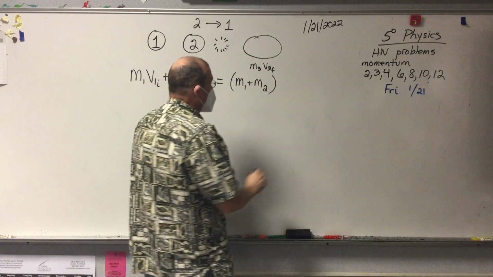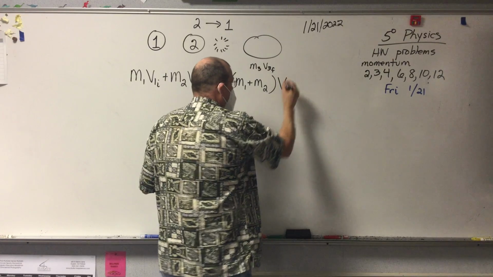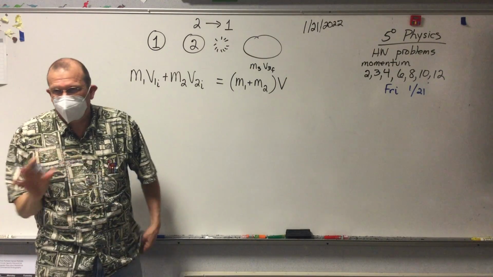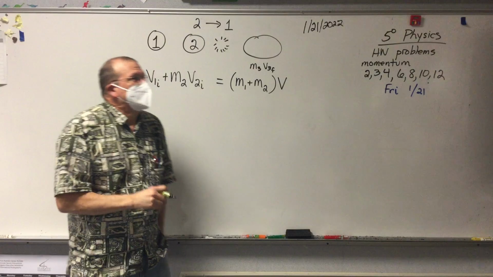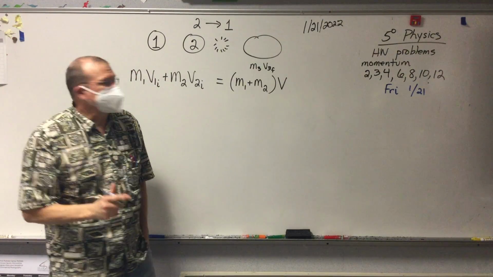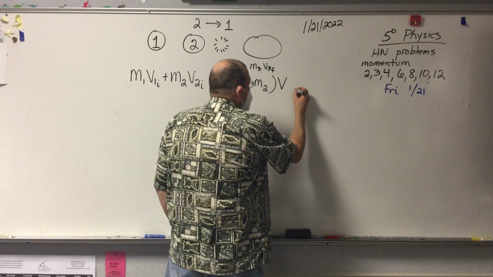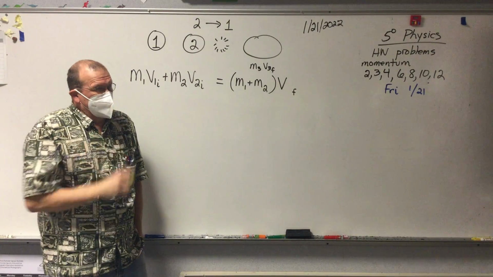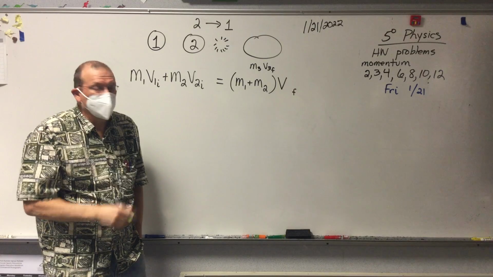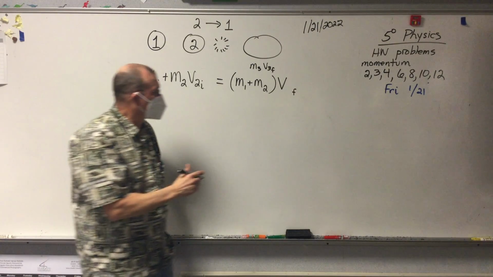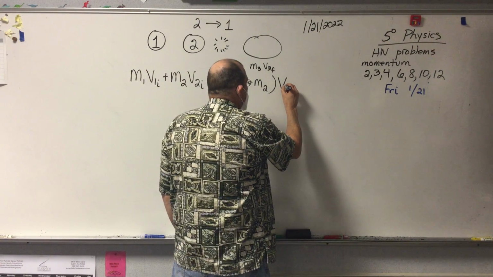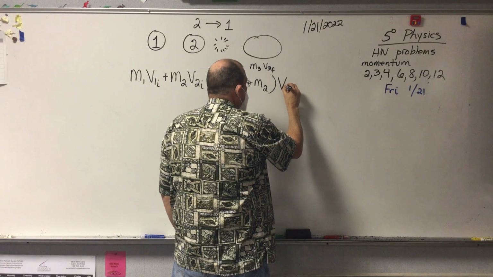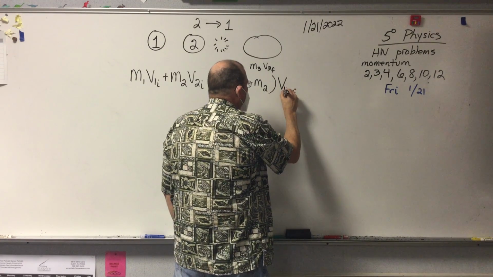All right? Now, this is where it gets a little tricky, and it's tricky because of the subscript. I'm just going to write it in a particular way. I'll put a comma here.